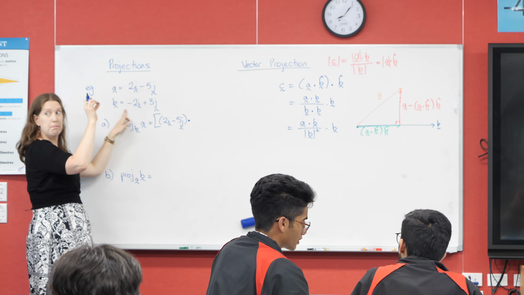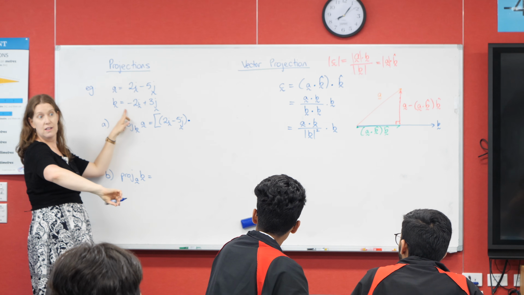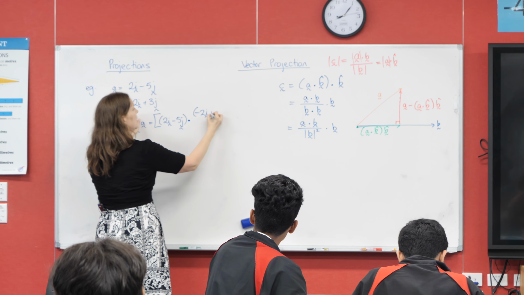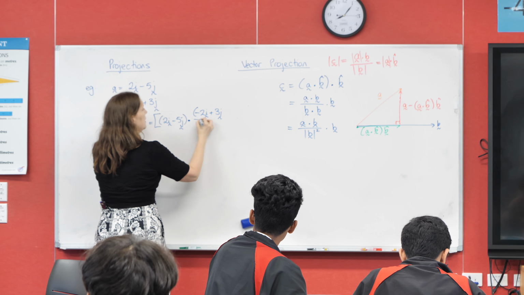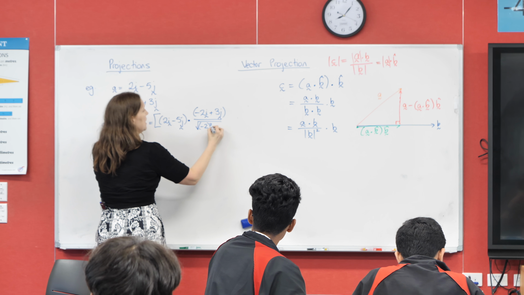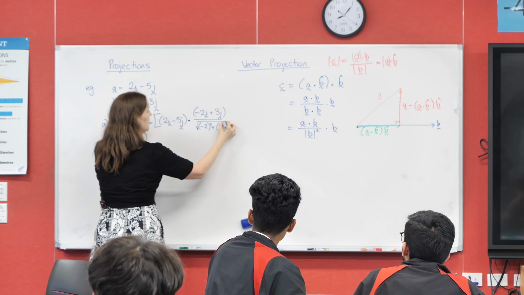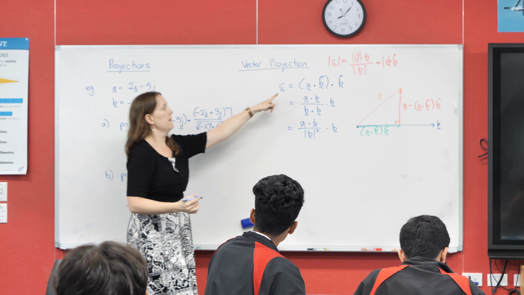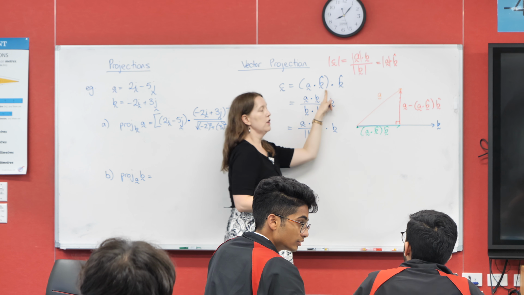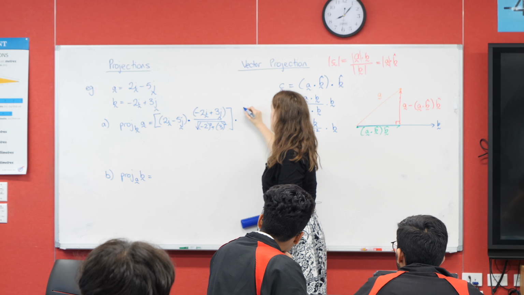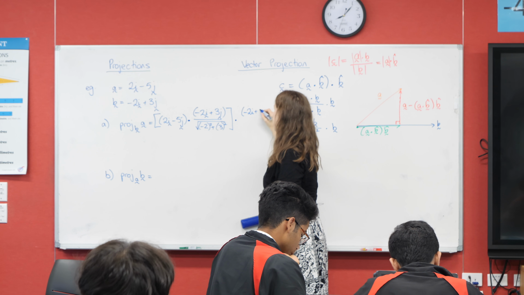Unit vector B is B over the magnitude of B. Do you see what I mean about getting messy? That's our first brackets, this bit: A dot unit vector B, times, or dot, unit vector B again.